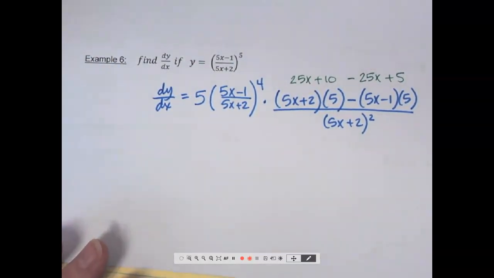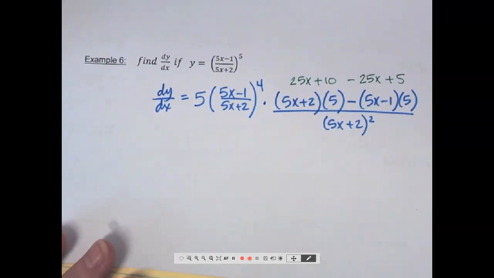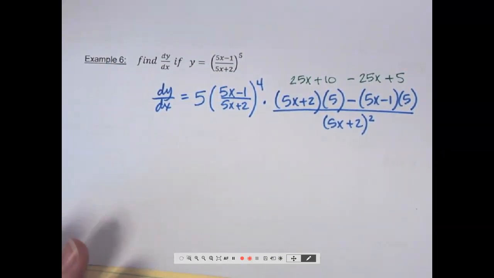You could, because it's all multiplication. Let me look at it more closely. The quotient rule isn't being raised to the 4.